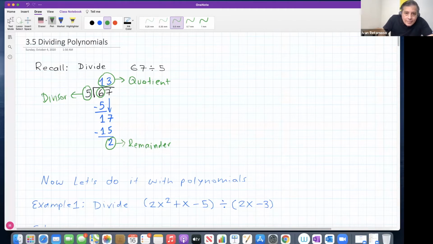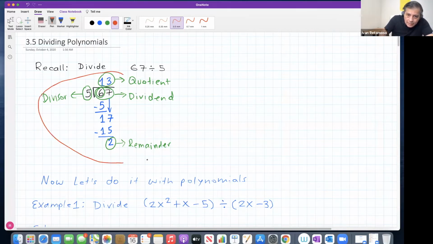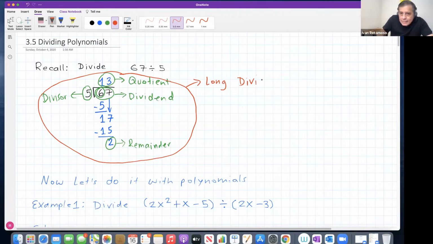And this guy, the 67, is called the dividend. And this whole process all together is called long division. And this is what we're going to do next, but with polynomials, we'll show you.